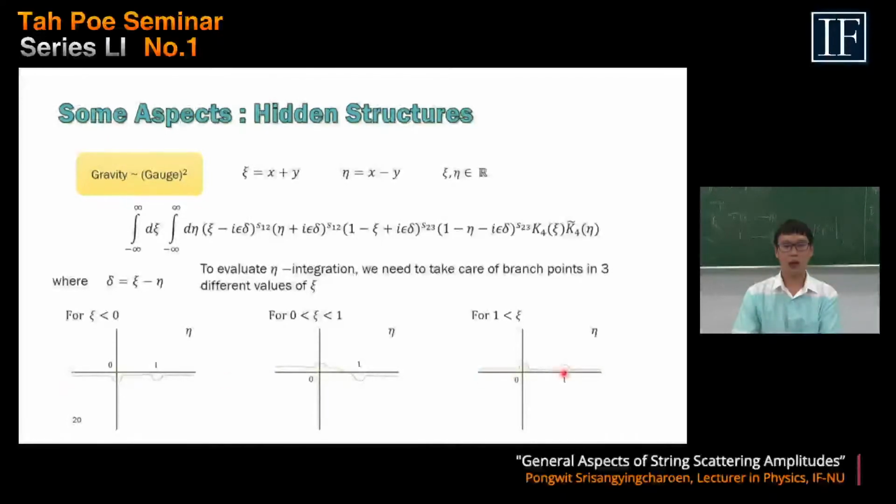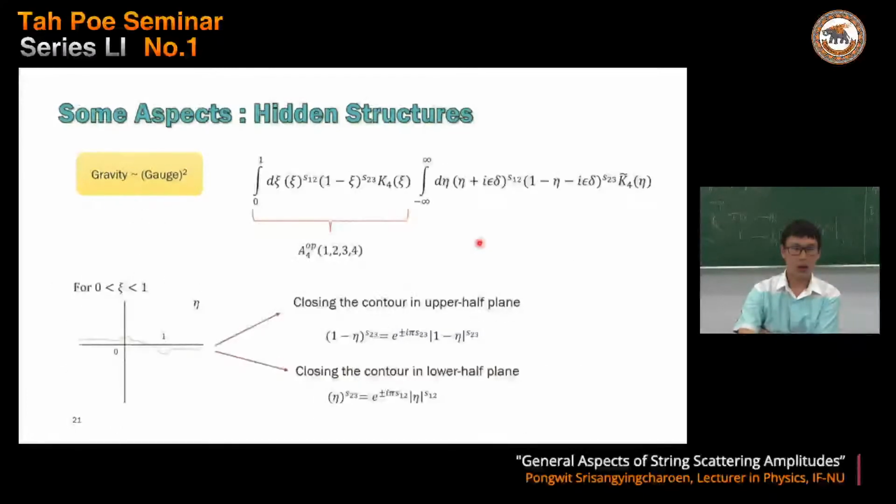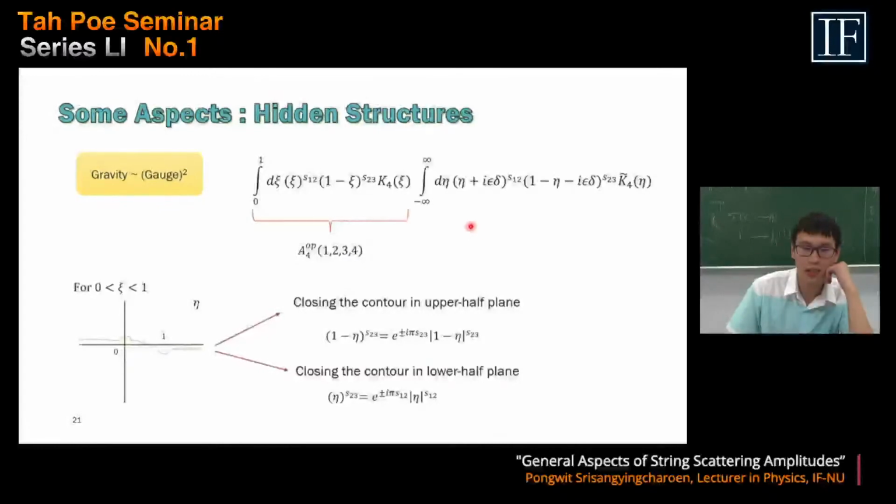Similarly for the third case, we can close the contour in the upper half plane, and by the Cauchy theorem, because there is no pole and the integral is well defined at infinity, this vanishes as well. So what is left is the integral in the middle region, which means the non-vanishing term is the integral of psi from 0 to 1, right?